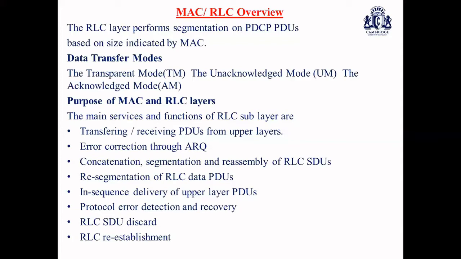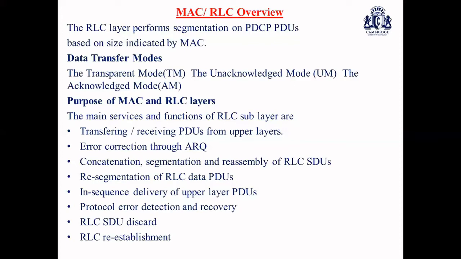It is suitable for services that do not need retransmission, and TM mode is not used for user plane data transmission. All paging messages as well as the broadcast system information messages use transparent mode.